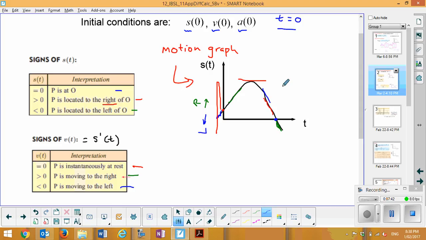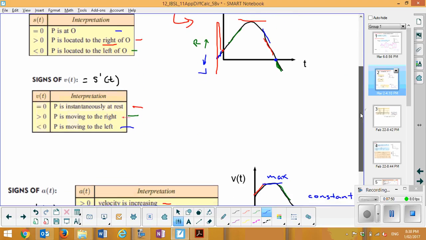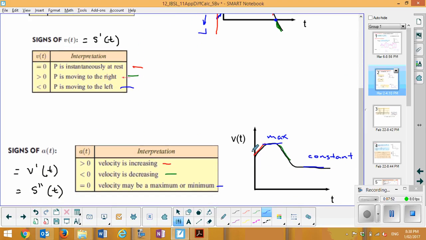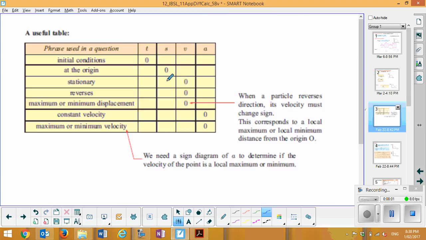So here we want the gradient. Remember, it's the gradient of this line. So that's the only place where it's 0, where it's doing a turnaround. Here, there's no examples of where it's actually stopping. It's still always moving. It hasn't cut that axis here. So we've either got it stationary or it's stopping and turning around.